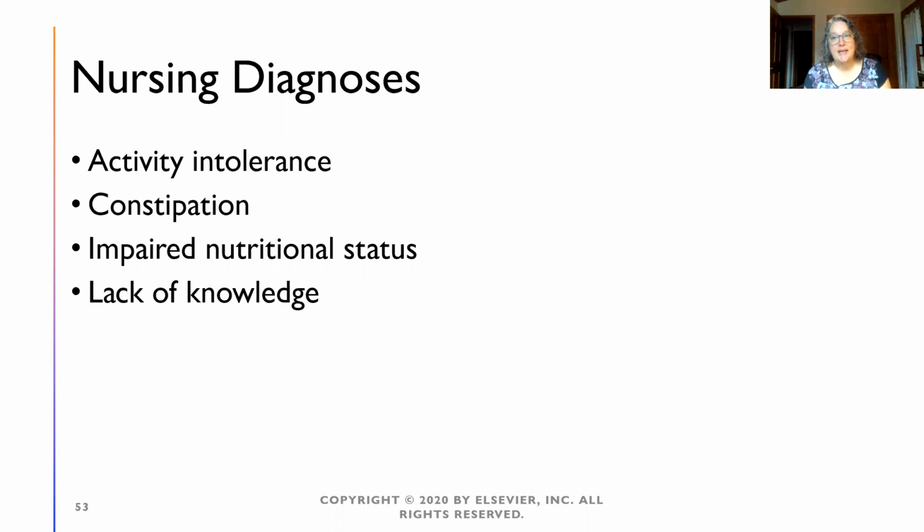Impaired nutritional status, because the food that they're taking in isn't able to be used by the system, either because it's being thrown back up or because the metabolism of the body just isn't able to process that nutrition. And then a lack of knowledge. Anytime somebody's got a chronic condition, lack of knowledge is a fair nursing diagnosis, because they're going to be needing a lot of education to be able to be successful with their treatment regimen.